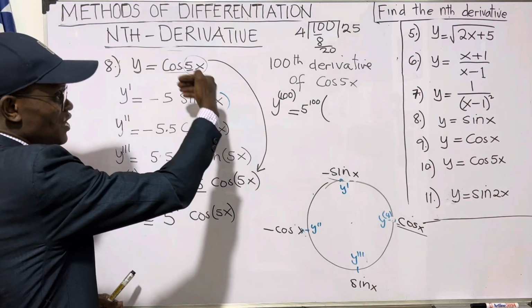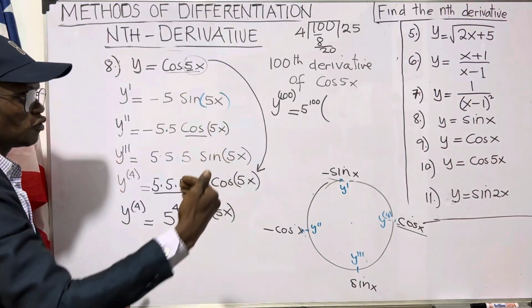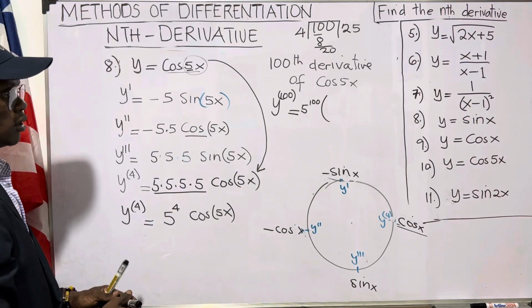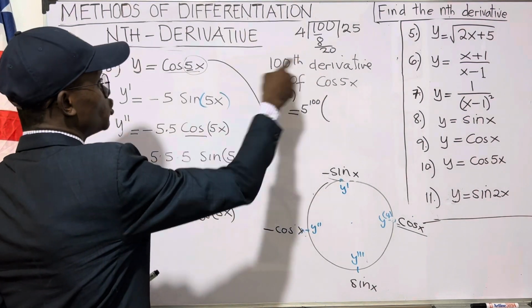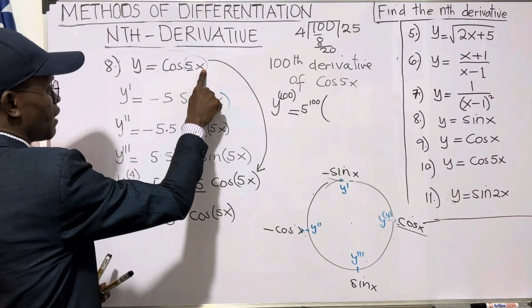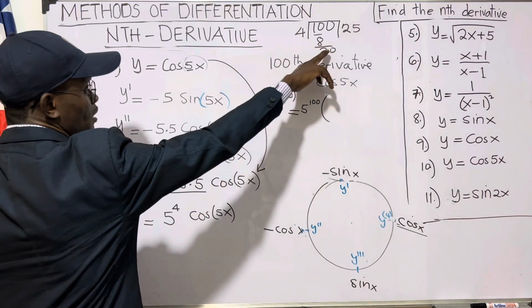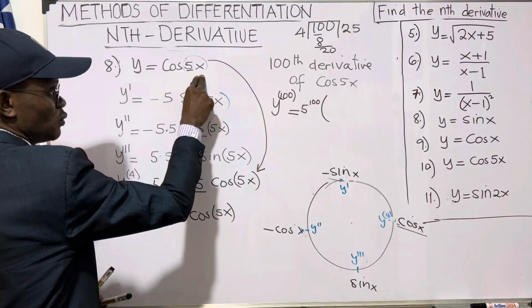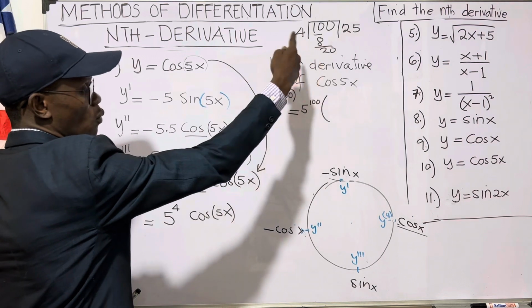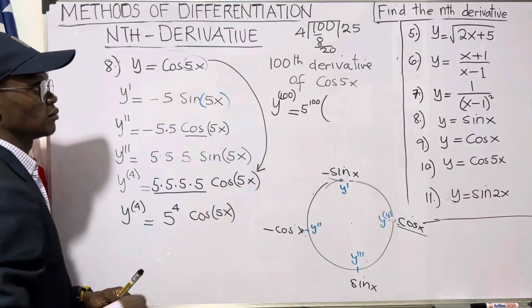It is the remainder that you're going to use to find the derivative of that cos function. So if this had a remainder of 2, you would have differentiated this cos of 5x 2 times. If this had a remainder of 3, you would have differentiated this 3 times. If this had a remainder of 1, you would have differentiated this 1 time.